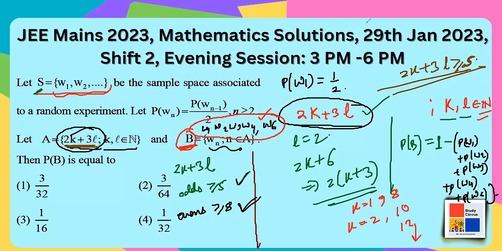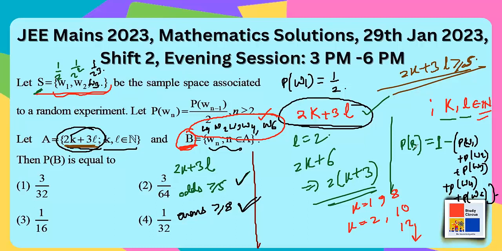And we saw initially that the probability of the next one is half of the other, right? So if the probability of this one is 1 by 2, this is 1 by 2 squared. The probability of the third one, W3, is 1 upon 2 cubed, right?